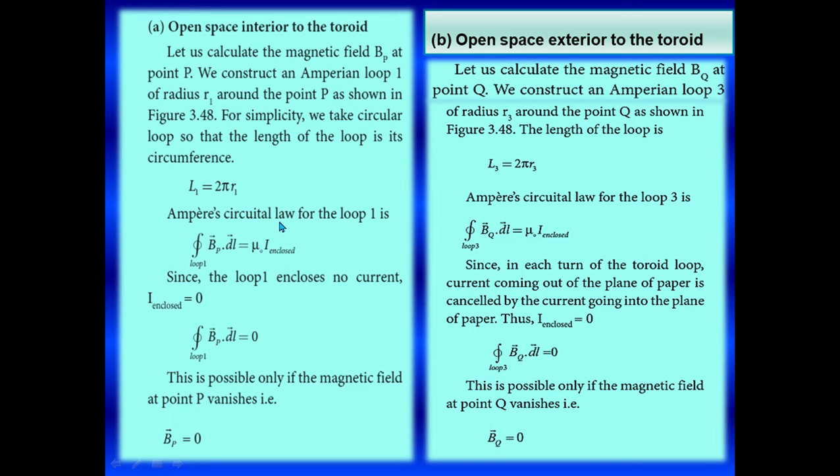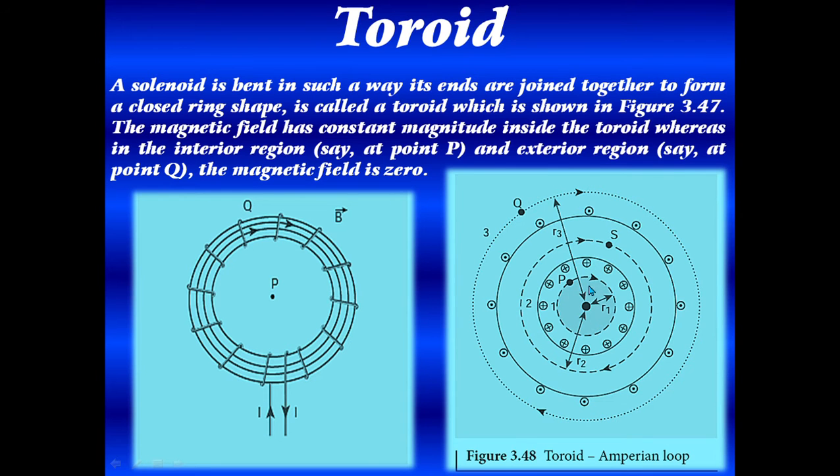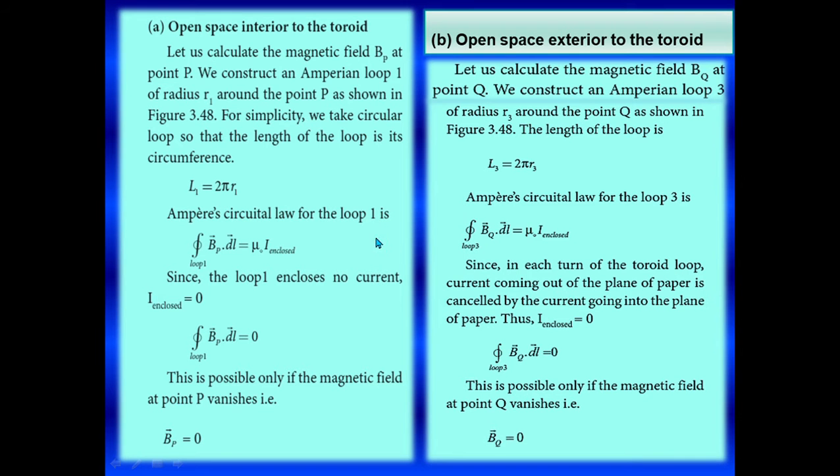Ampere's circuital law for the loop 1 is, as we already know, the line integral over loop 1 of BP vector dot dl vector is equal to mu naught into I enclosed.